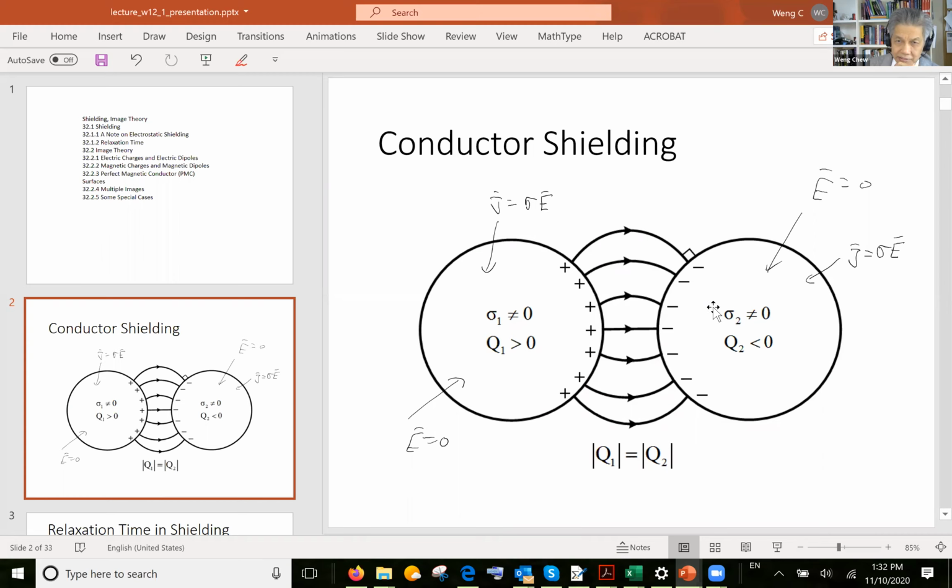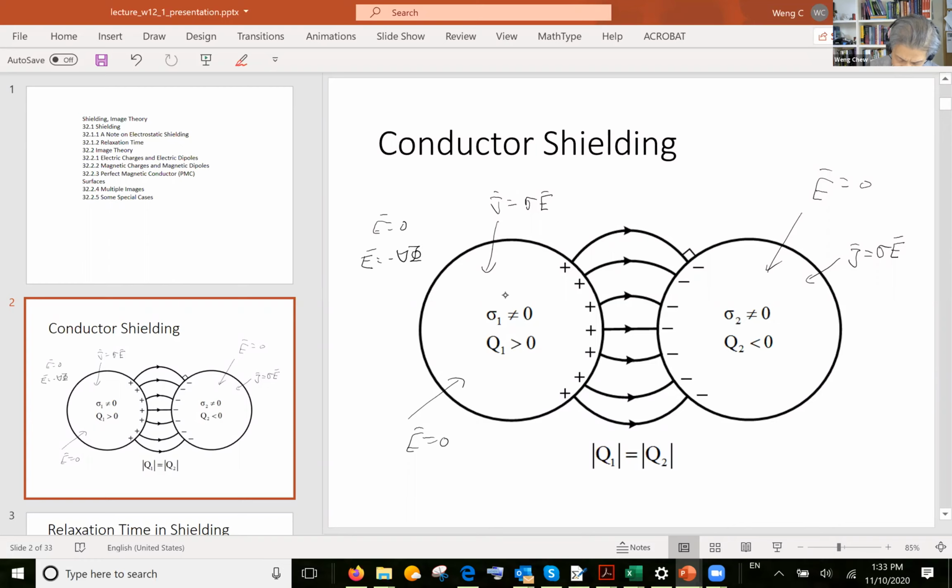Because of that, it has to be that the potential is equal to a constant, since E is equal to zero. In order for the current to stop flowing, E is equal to minus grad phi.